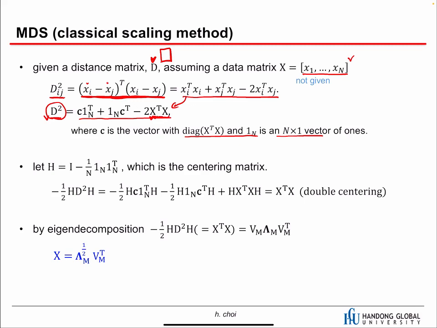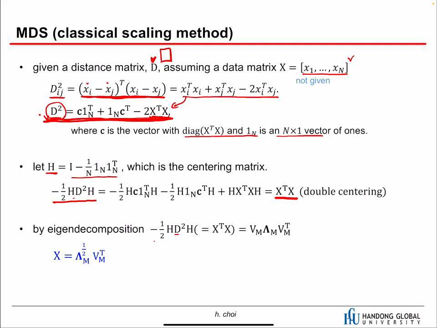And let H be like this. This is a centering matrix. Now we're going to use this equation one more time. We put H on the left side and the right side like this, with another constant, minus 1 over 2. Then when we derive and rearrange the equation, this one will be X transpose X. So here's the deal.